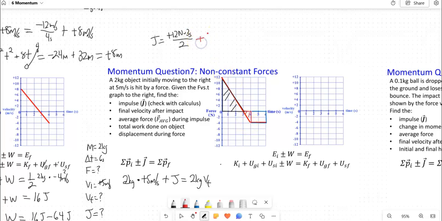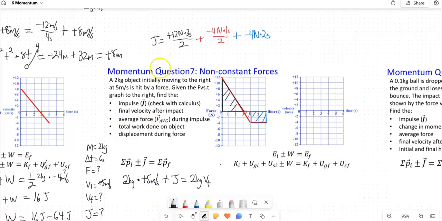So we're going to go plus -4 newtons times 1 second, and we're going to divide that by 2. And now we have this rectangle, which takes place over the period of 2 seconds. So that's going to be plus -4 newtons times 2 seconds.